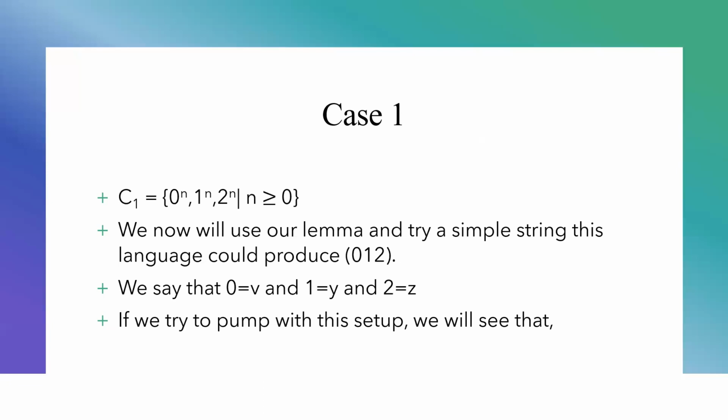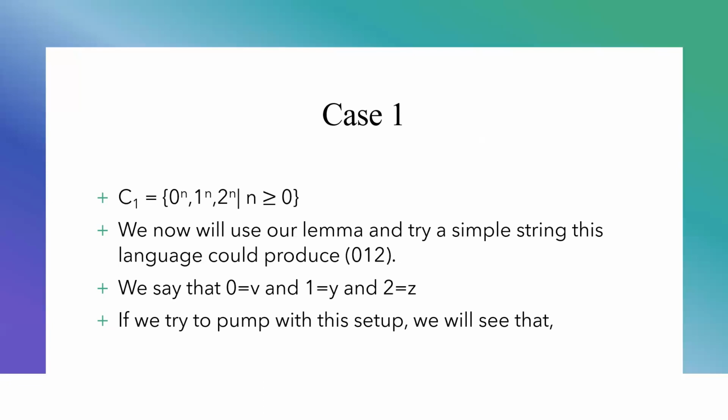It's not an even number, that's not what we're trying to do, it's an equal number of zeros, ones, and twos. And we say that 0 will equal V, 1 will equal Y, and 2 will equal Z. And that's our one-to-one mapping.